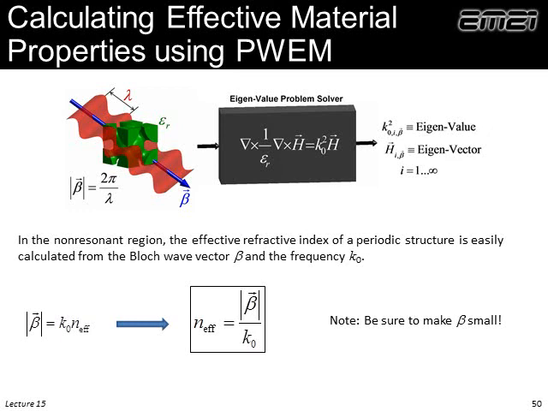Now, if the unit cell is sized more comparable to the wavelength, like in a photonic crystal or some metamaterials, this is not a great way to do this. But for our anisotropic metamaterials that are extremely sub-wavelength, this is a great way of doing that, and there is no branching.